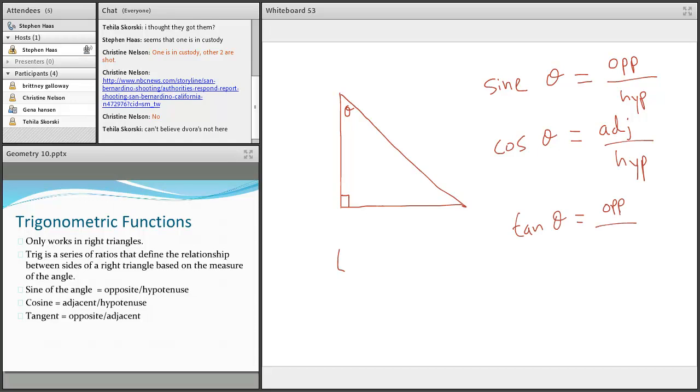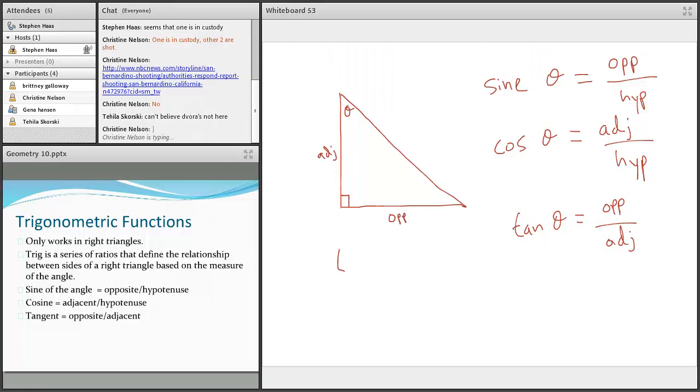So, for example, when you're talking about an angle, this would be the opposite side because it's across from the angle. This would be the adjacent side because it's next to the angle.